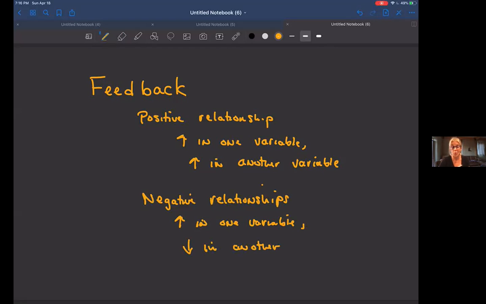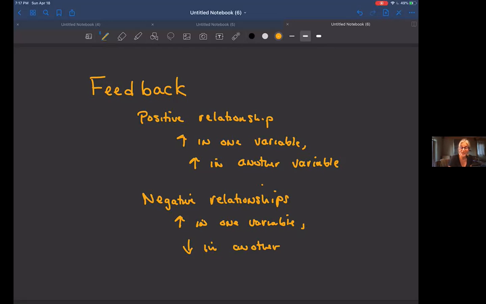For example, there may be a point where excessively high temperatures might lead to decreased plant growth in some instances. That would be an example of a negative relationship. Maybe if you go above a certain temperature, the plants just aren't able to grow anymore.